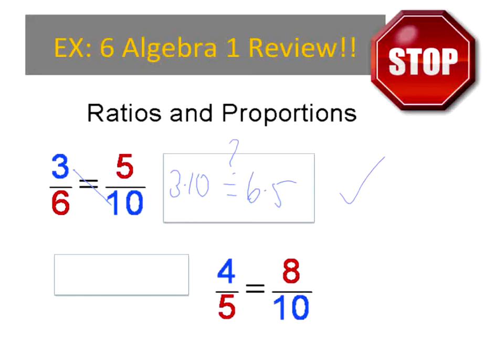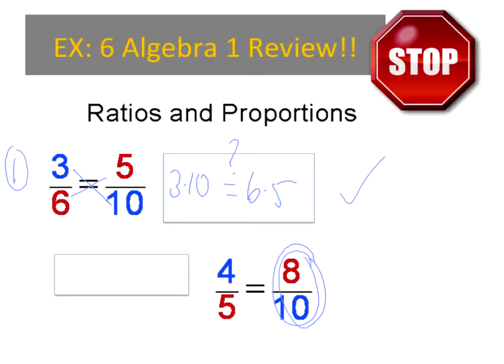You just check to make sure they're proportional. There's another way that I can check that things are proportional. Let's try the other method with this second example on the bottom. What else can I do to check that they are proportional to each other? Close. The first one was cross multiply. The second one, I circled the 8 over 10. What can I do to the 8 over 10?